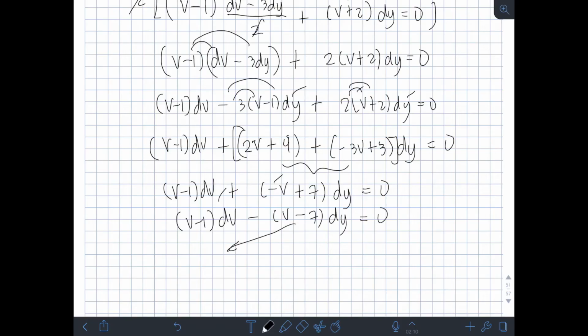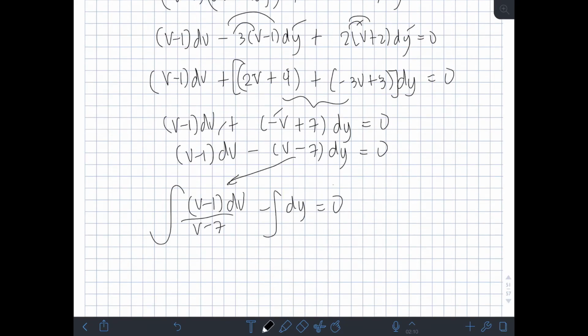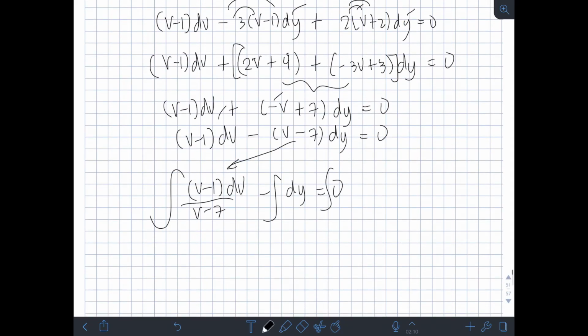So, ibaba ko na lang dito si v - 7. So, magiging (v - 1) dv over (v - 7) - dy equals 0. So, pwede natin integrate na. Separable na eh. So, ito, pwede muna natin i-divide kasi pareho sila ng degree sa numerator at denominator.